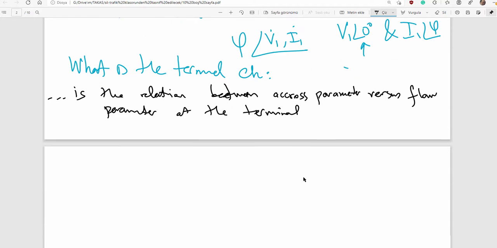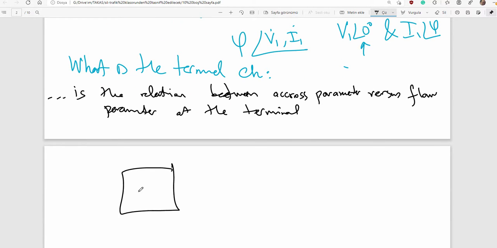What does it mean? Here is one phase system, here is one phase voltage, here is one phase current of the generator. V1 is the across parameter, uç değişken.